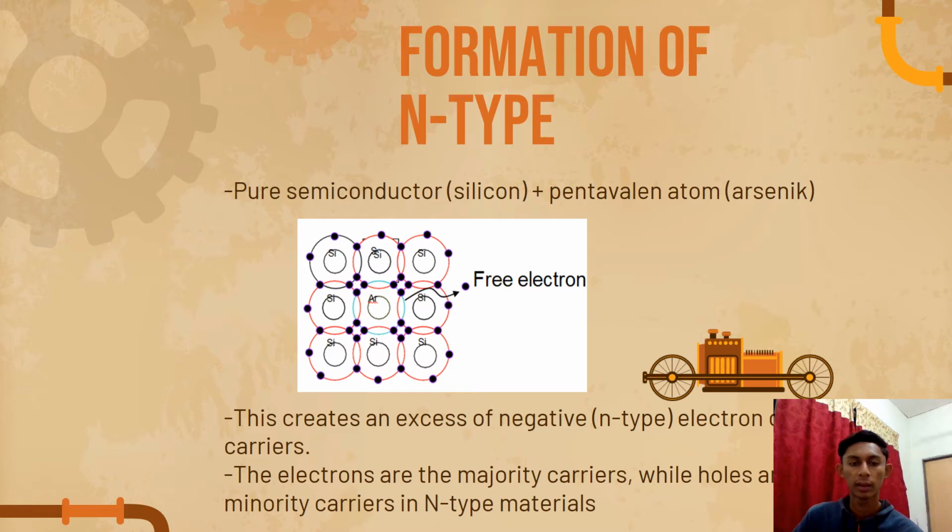This creates an excess of negative N-type electron current carriers. The electrons are the majority carriers, while holes are the minority carriers in N-type materials.